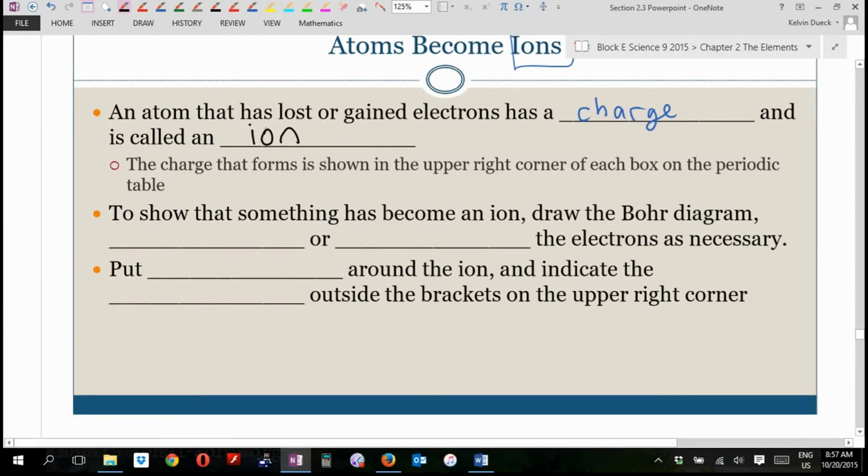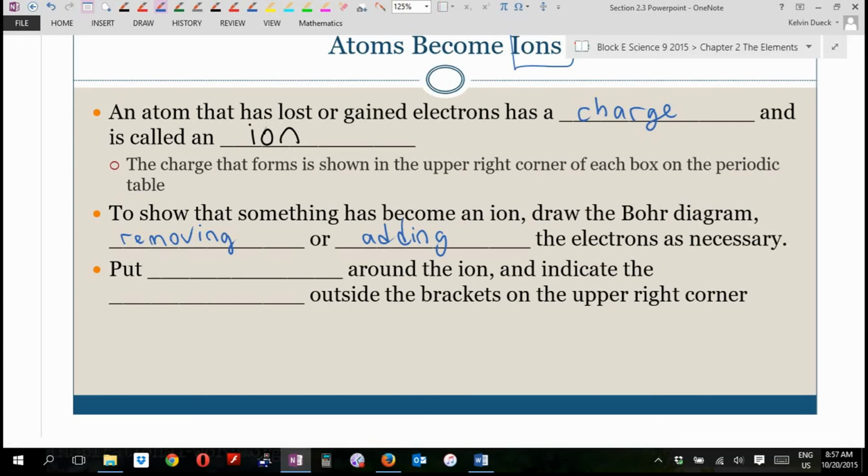How do we show that something has become an ion? Well, first we draw the Bohr diagram, removing or adding, I guess I should say removing or adding the electrons as necessary if I want to be grammatically correct.